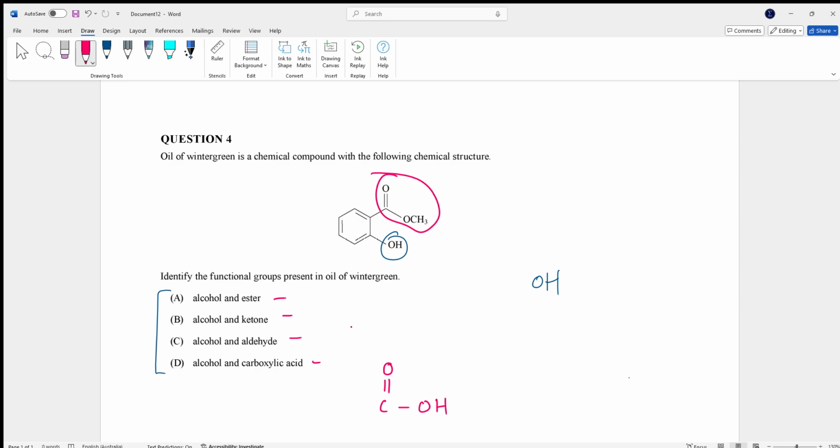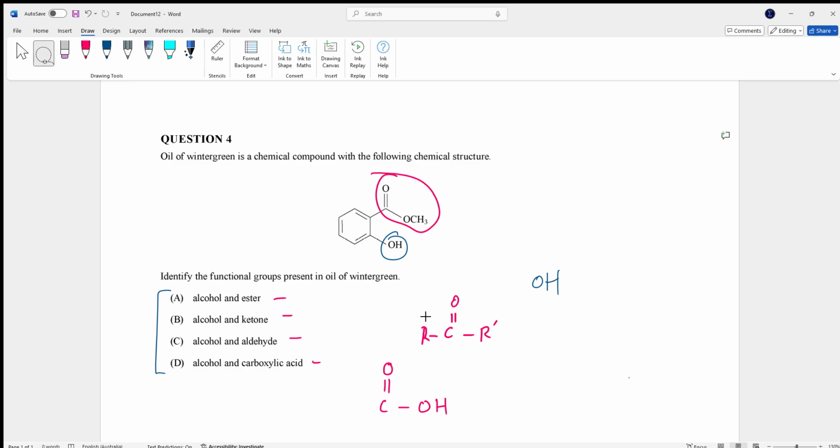An aldehyde will have a carbon, a double bond, and another functional group here, and a functional group here. A ketone will be very similar to an aldehyde, however, it's going to be positioned on the end. So instead of, if I can move the diagram that I've just drawn. There we go. So for a ketone, it is actually very similar.